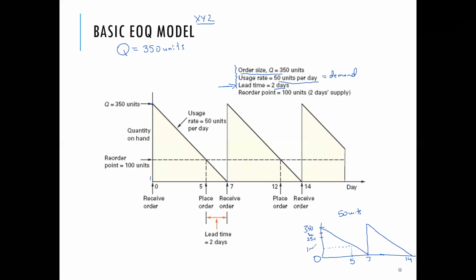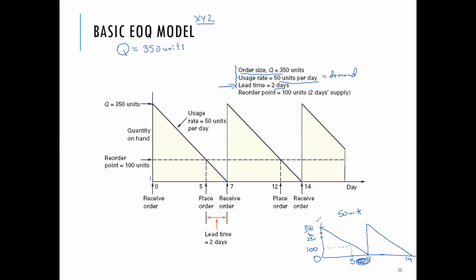We have 100 units left in stock. These 100 units will serve as our stock to cover our demand for the next 2 days. Again, these 100 units serve the purpose of fulfilling the demand for the next 2 days.